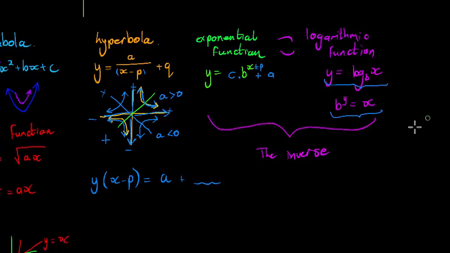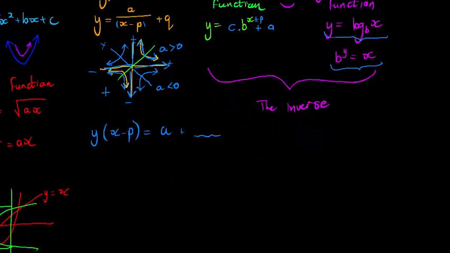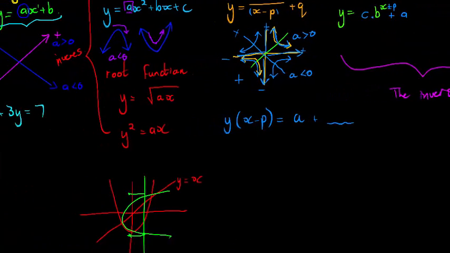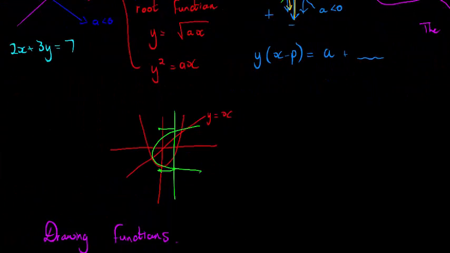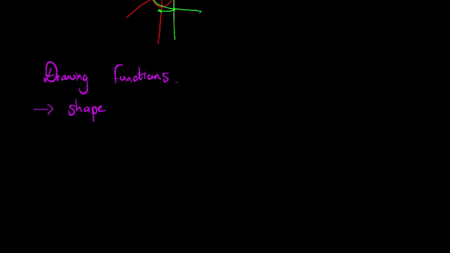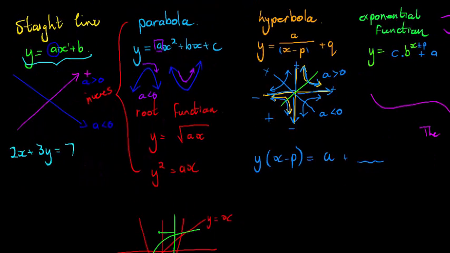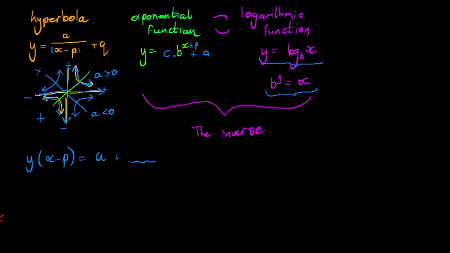But we'll look at an example just now. Okay, so let's quickly look at the way that we're going to draw. We said the shape. Now, I didn't look at this one shape yet, sorry. The shape for the exponential function, there's 4 shapes for the exponential function. Very important that you know those 4 shapes.